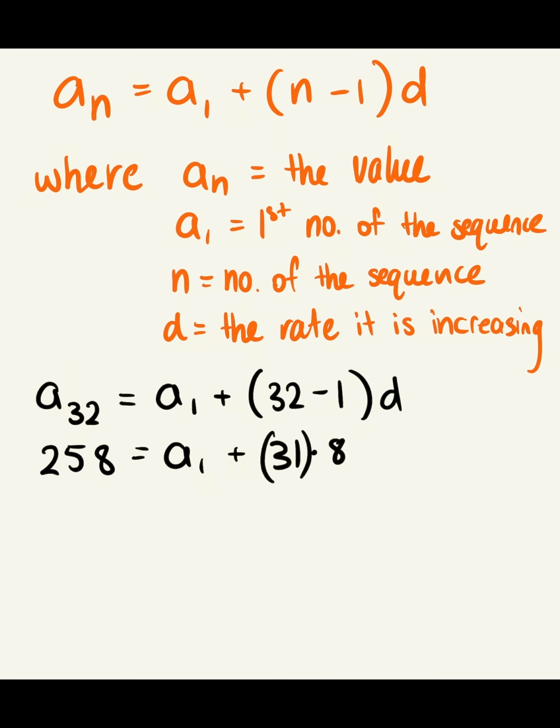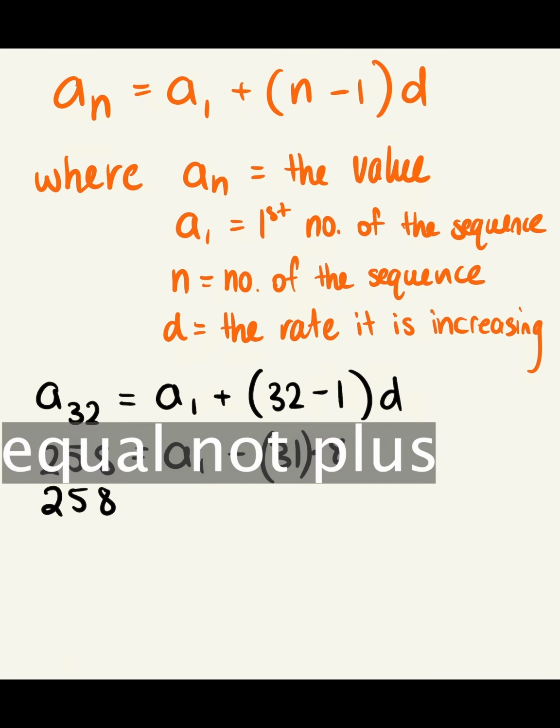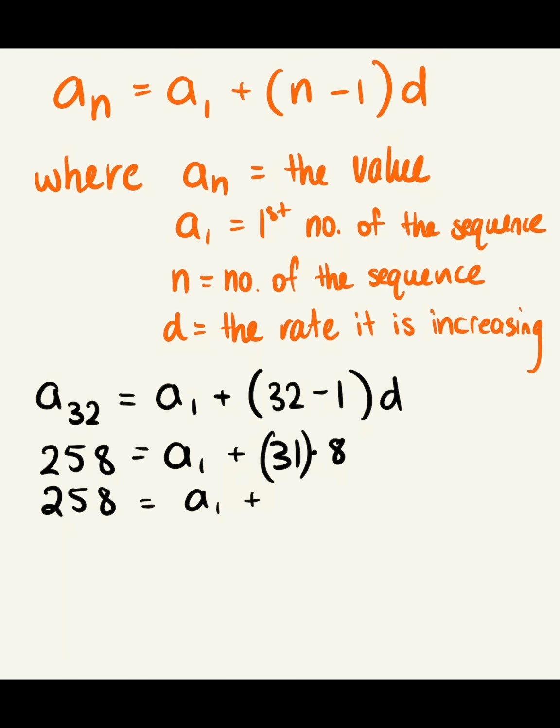So when we plug that into our equation, that's going to read as 258 equals A1 plus, in brackets, 32 minus 1, which is simply 31, multiplied by our increasing factor, which is 8. And so that's going to leave us with 258 equals A1 plus 248.